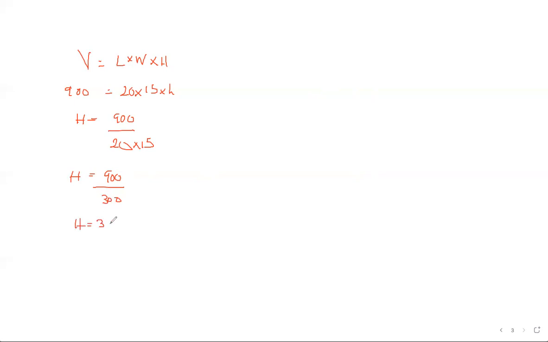So volume is equal to length times width times height, which is equal to 900, equal to 20 times 15 times H. So H is equal to 900 divided by 20 times 15. H is equal to 900 divided by 300. So the height of the box is 3 centimeters.